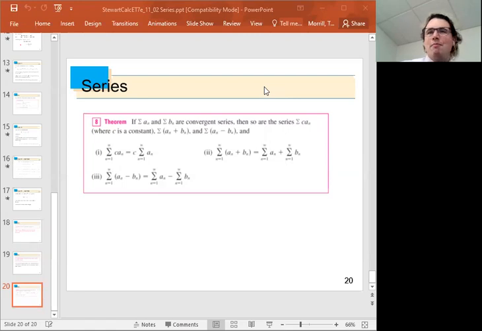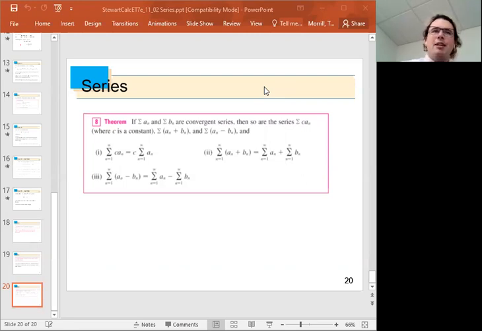So number 1, constant multiple rule. If you're adding up a series and each summand, each term in the series is some constant multiple times a sub n, you can just factor out your constant multiple. So factoring still works, but only as long as you are factoring a constant out of an infinite sum.